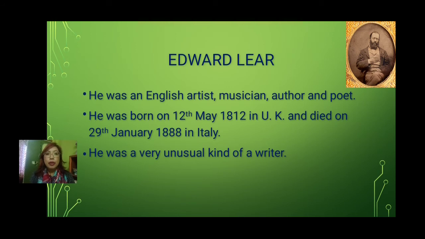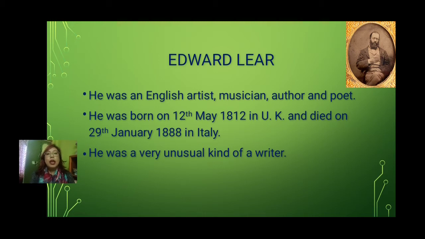Let us recall back before moving ahead. Who was Edward Lear? In my last class, I have already mentioned he was an English artist, musician, author, and poet. He was born on 12th of May 1812 in UK and died on 29th of January 1888 in Italy.